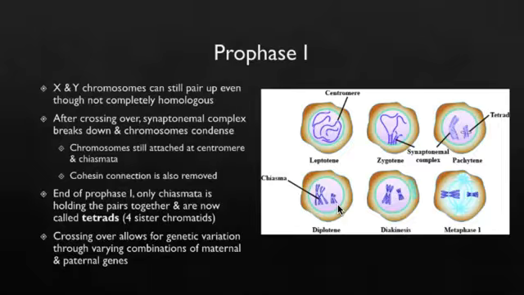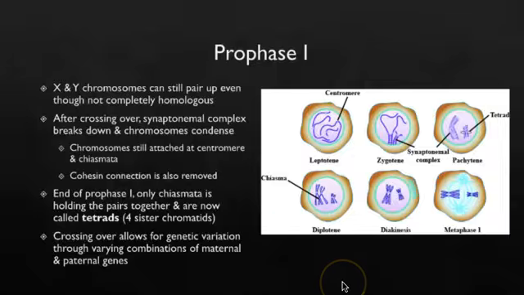Although our synaptonemal complex is gone, the homologous chromosomes stay attached through two key places. It's hard to see in this small image, but we have our centromere and the chiasmata that we discussed earlier, which are those physical crossover points.